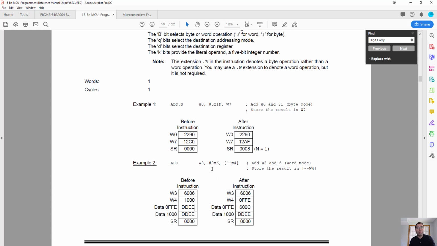So hopefully, based on what you learned from here, you can look at other instructions and figure out yourself what the opcode should be, or how the content of the registers and the memory locations is going to change based on these examples.